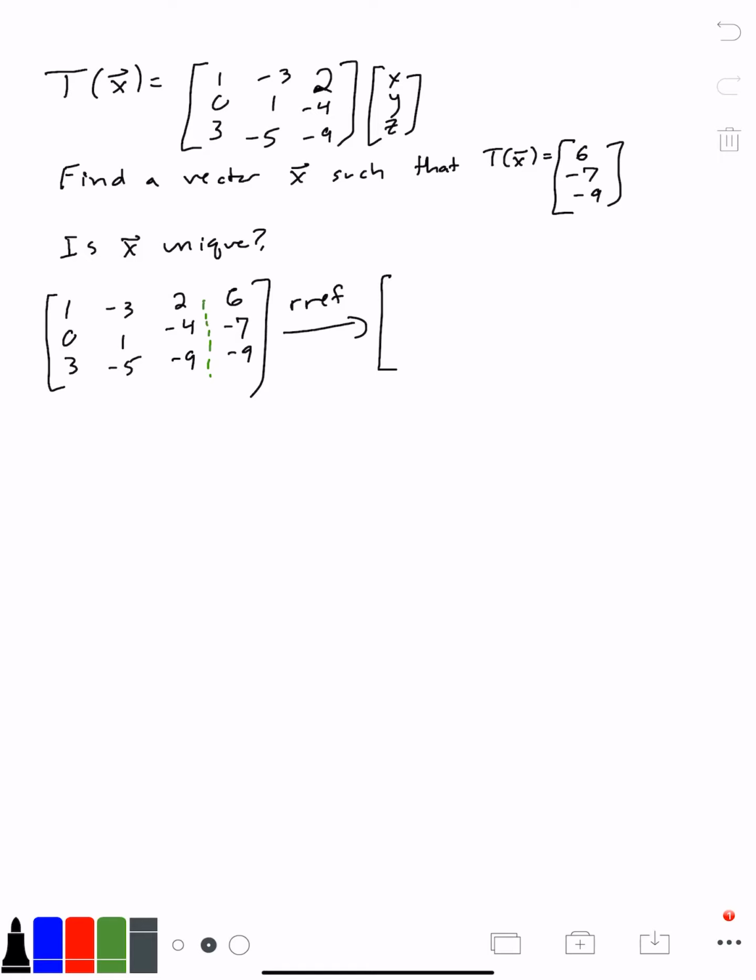Hopefully you're all following along and doing the same thing yourself. And we do our row reduction here. And I get the following.